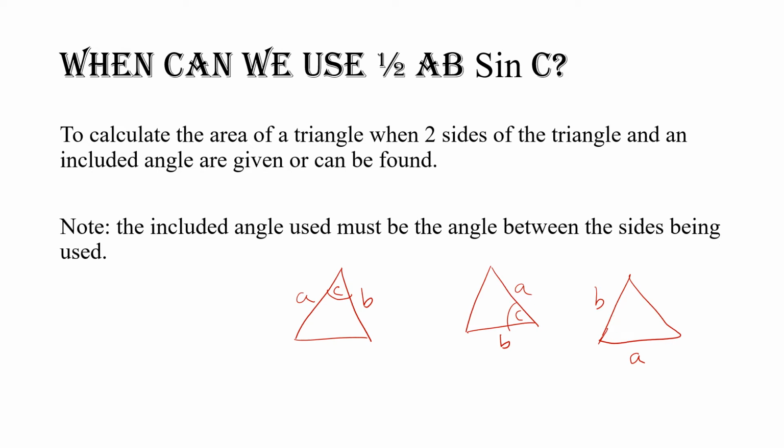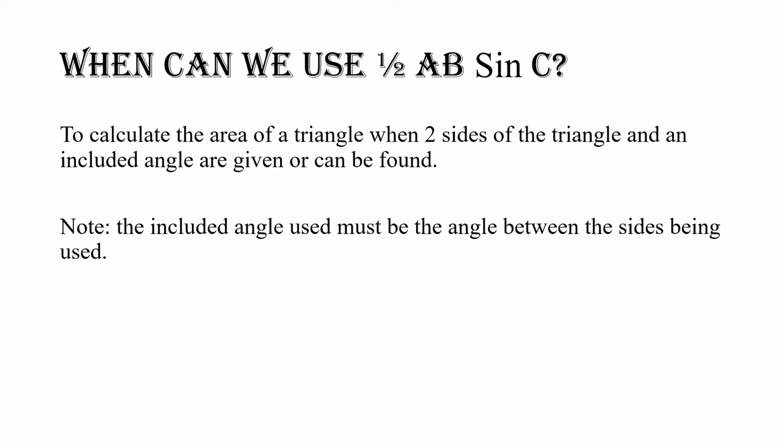And I will throw it out one time because next week we will hopefully be touching circles, and this formula comes in very handy when calculating the area of a segment, because to calculate the area of a segment, you literally have to calculate the area of a triangle, and then subtract that from the area of a sector.